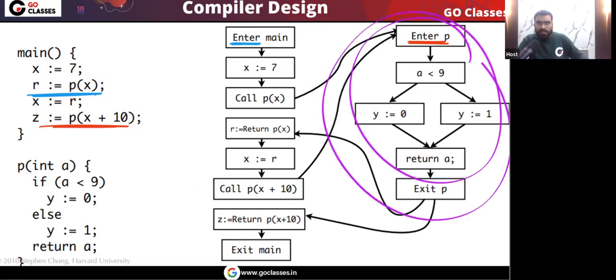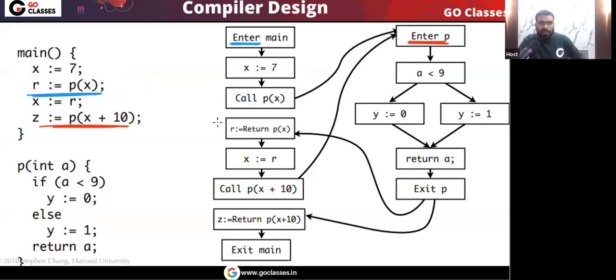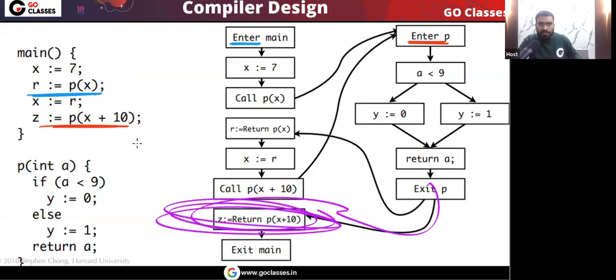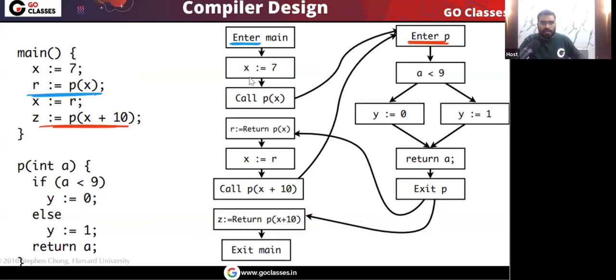Once this P is done, you will return. If you are calling from here, you will return here, and if you are calling from here, you will return here. That's it.